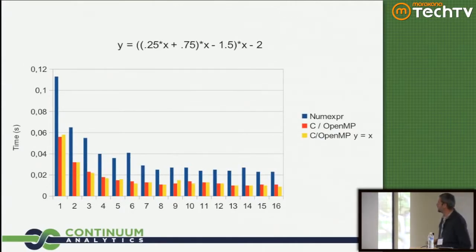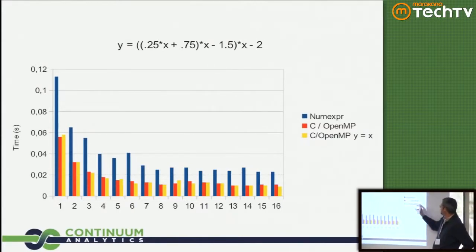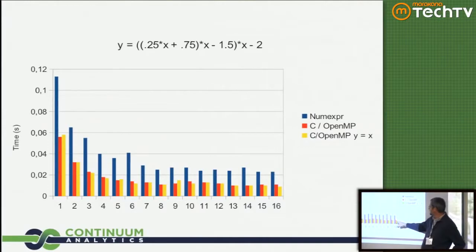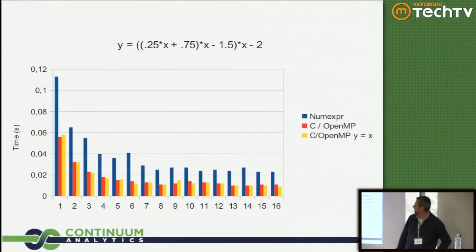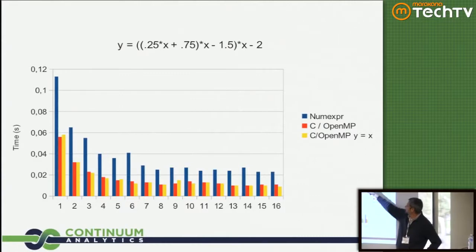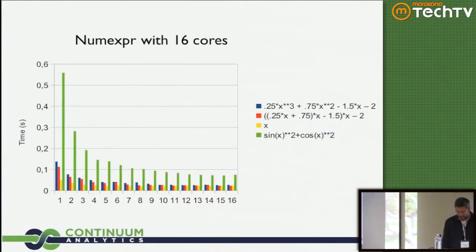Here is a comparison with a version of OpenMP in C, which is doing only a memory copy. We can see that the performance is very similar to evaluating the polynomial. This is because this problem is basically memory bandwidth bound.